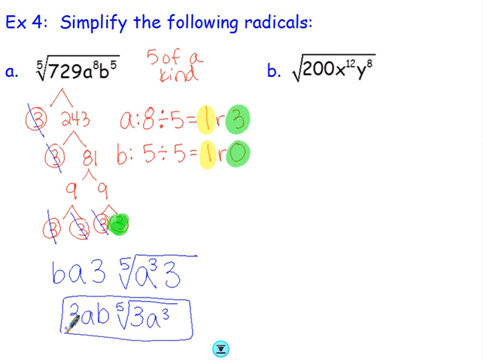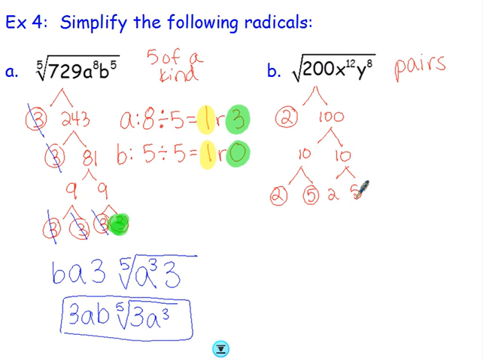Hopefully you got that right. Let's look at the very last example. Square root means we are back to pairs. 200, let's go the easy way, 2 and 100. 2 is prime. 100 is 10 and 10. The 10s, 2 and 5, both primes.